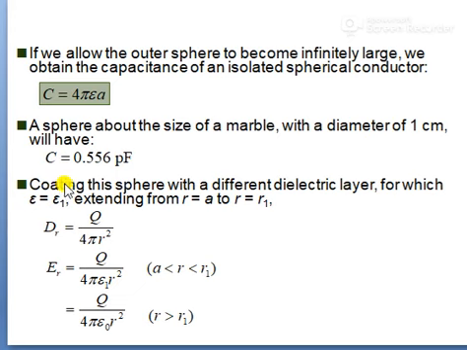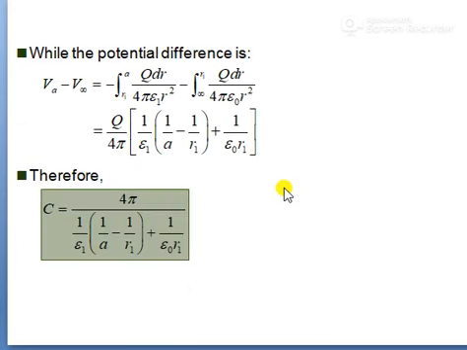The thing is we are coating the sphere with a different dielectric layer. Now the potential difference is VA minus V infinity. After simplification you get V as Q by 4 pi into bracket 1 by epsilon 1 into bracket 1 by A minus 1 by r1 plus 1 by epsilon naught r1.